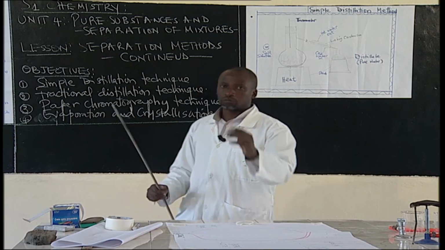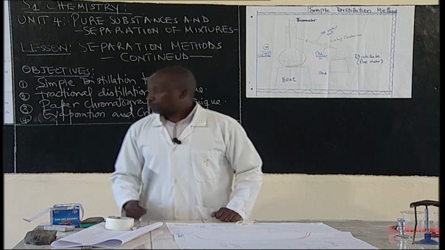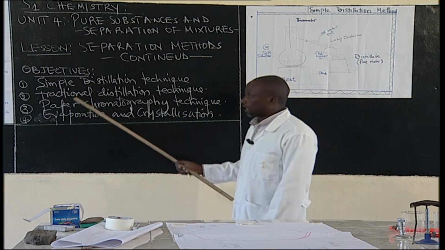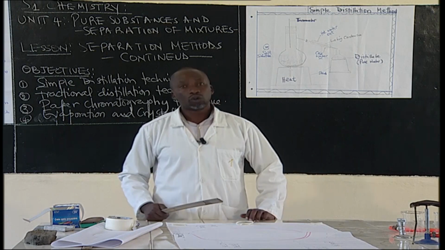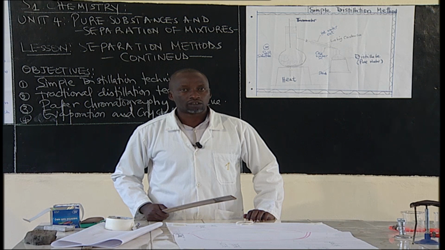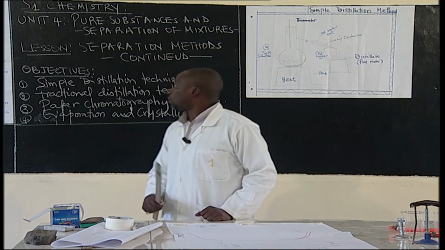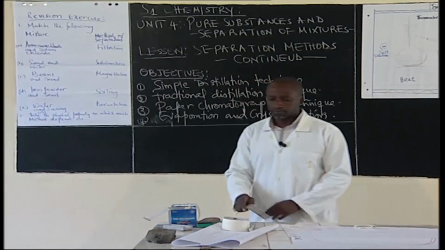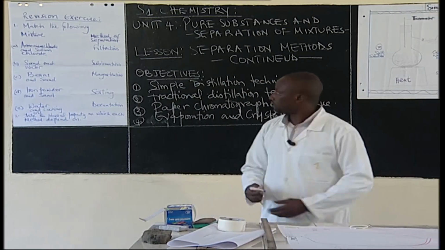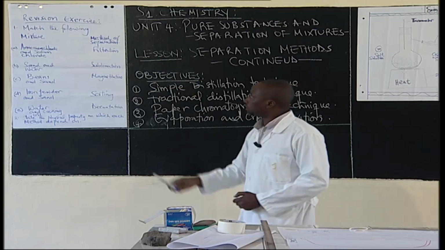crystallization if time allows. Before we look at simple distillation, let's first remind ourselves of what we looked at in the previous lesson. And we'll start with a simple exercise. Let's come back to this one. So when you look at the exercise, it is asking us to match the following.